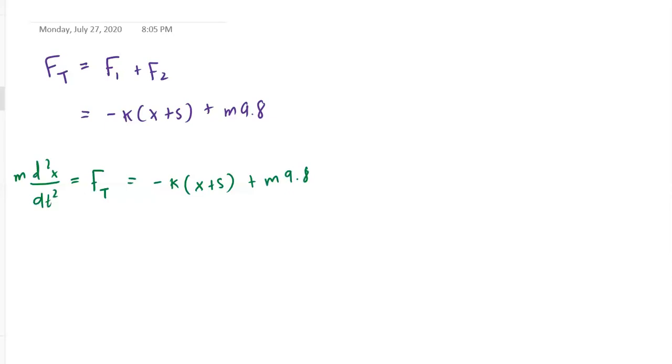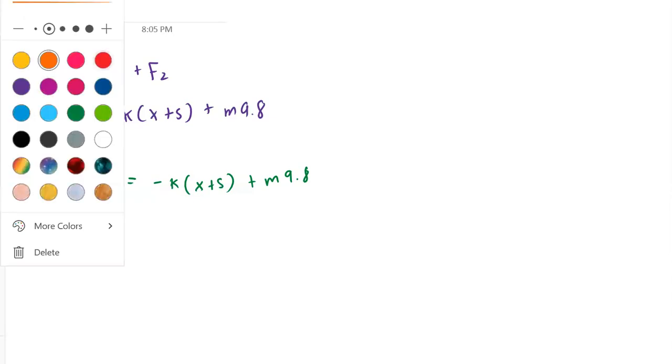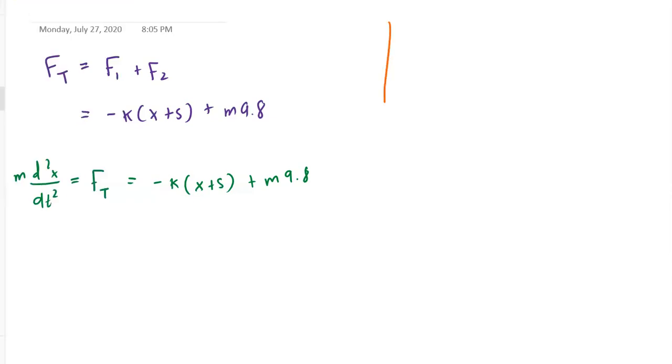Now let me label some things here just so you have them all in one place. Here, I'm going to do it in black actually. So M is mass, F1 is restoration force.